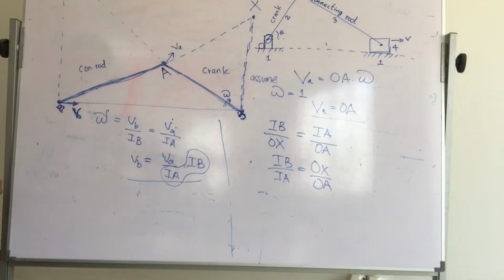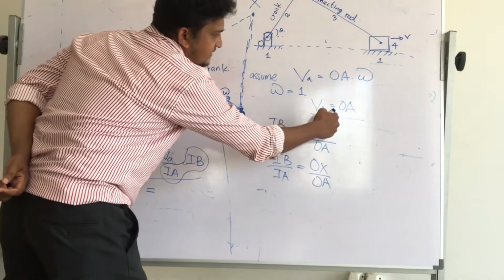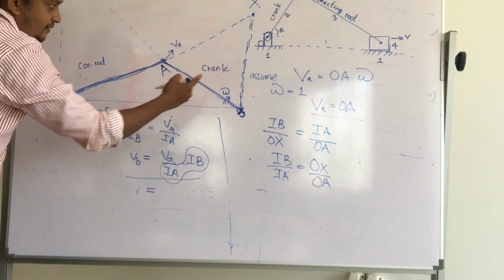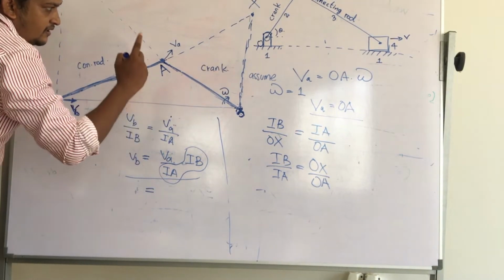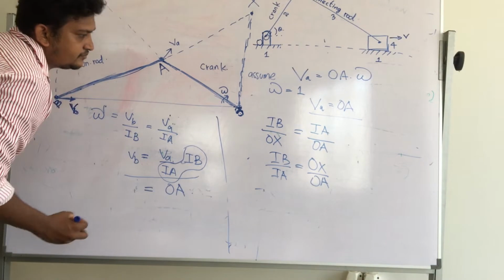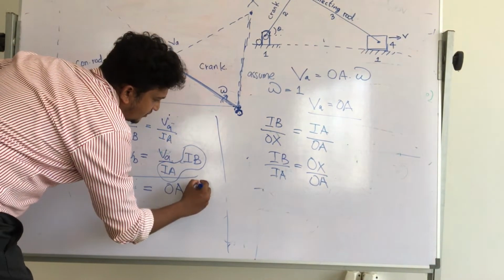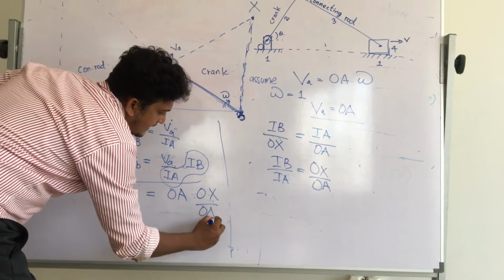Now we apply this here. We can replace VA with OA, because we assume omega is 1. So VB equals OA into IB over IA, which is OX over OA.